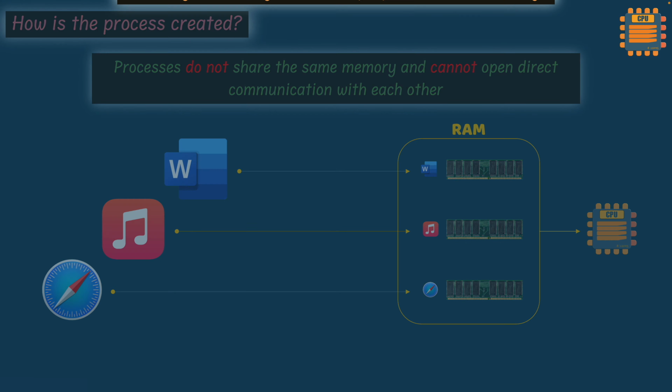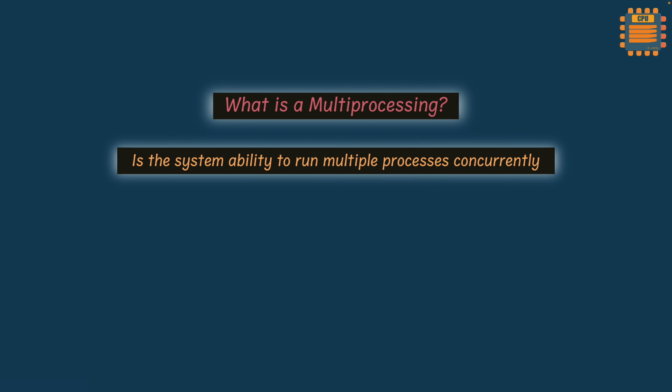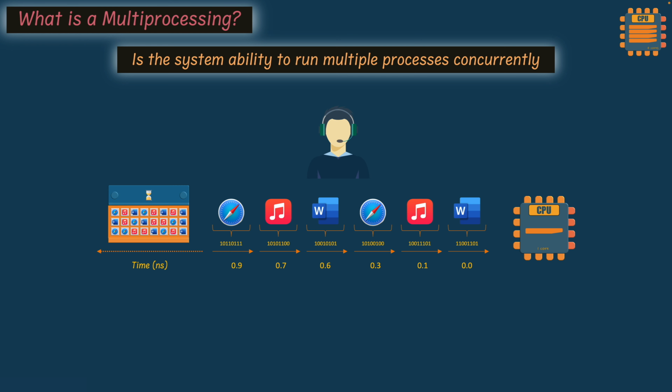Moving on to multiprocessing, it is the system's ability to run multiple processes concurrently. How does the operating system make multiprocessing possible? The operating system comprises two key components. The first one is called the scheduler. The scheduler's role is to allocate a set of tasks from each process and organize them for execution within a timeline based on priority.